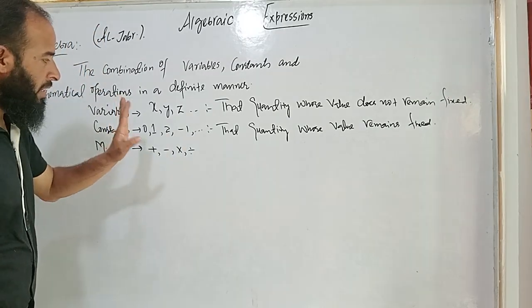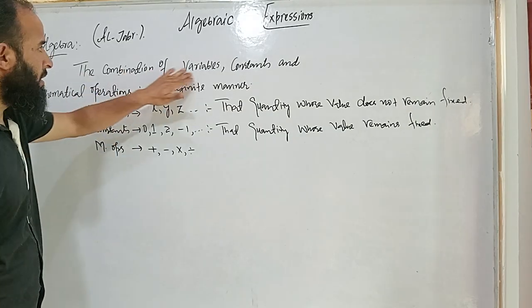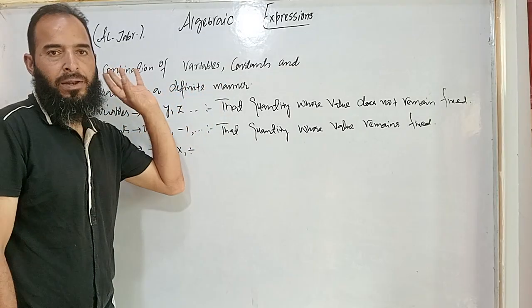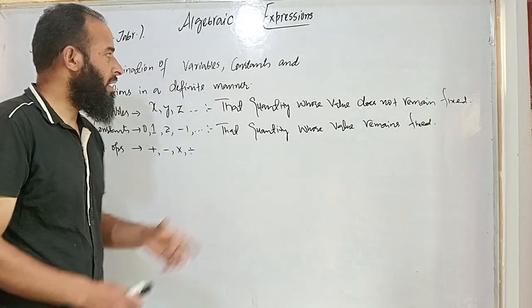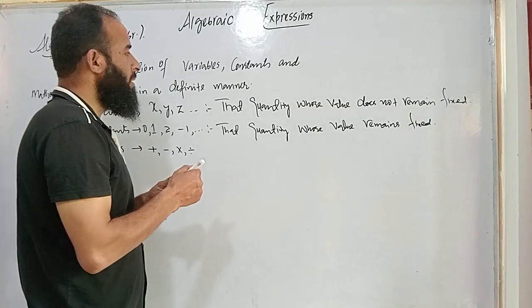Addition, subtraction, multiplication and division. So what is the definition? The combination of variables, constants and mathematical operations in a definite manner is called a mathematical expression or an algebraic expression.